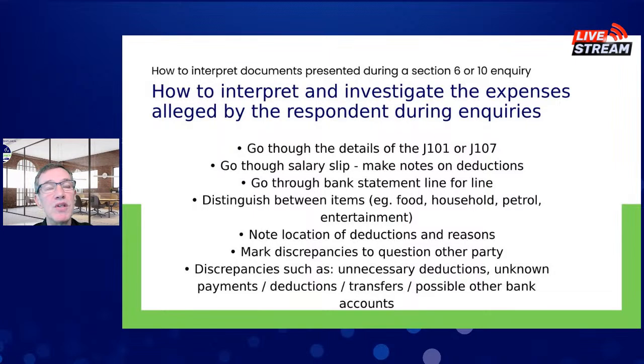You would have the opportunity to question the other party on those discrepancies, such as unnecessary expenses, deductions that you don't know of, things like luxury items bought on Takealot or on eBay, for example, big amounts like those. Those could all be used in cross-examination and you would be well within your right to ask those types of questions.